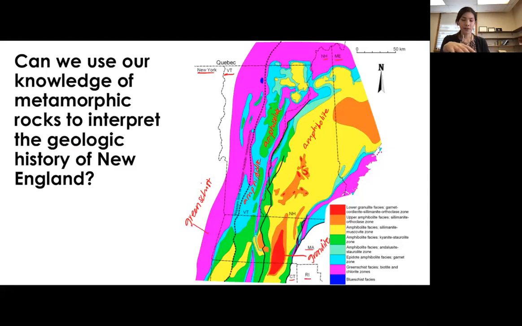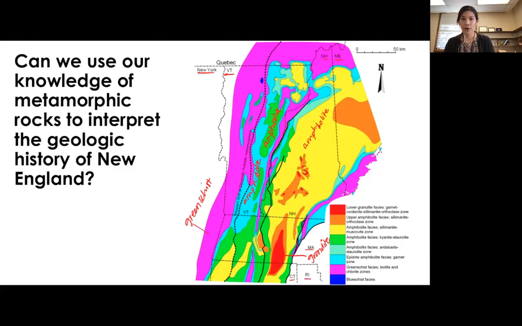And once you have the spatial configuration of metamorphic grade figured out, how can you create a tectonic situation that matches that pattern of metamorphic grade or that pattern of pressures and temperatures? So once you have a hypothesis ready, go ahead and go to the next slide.